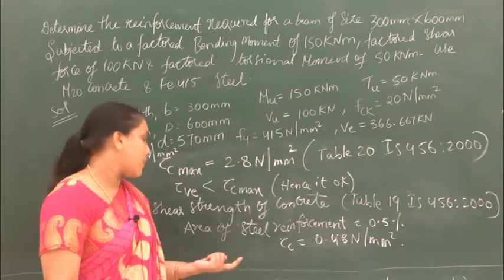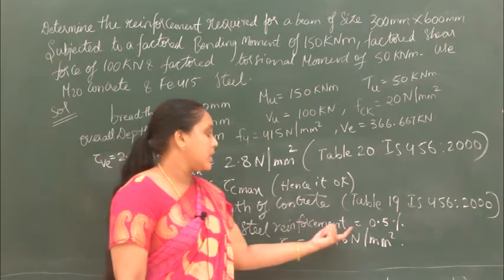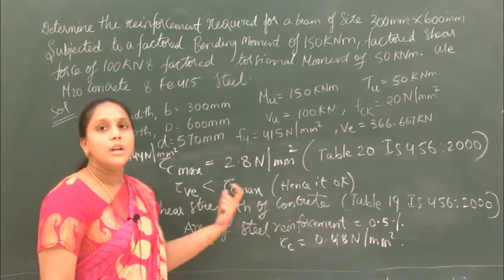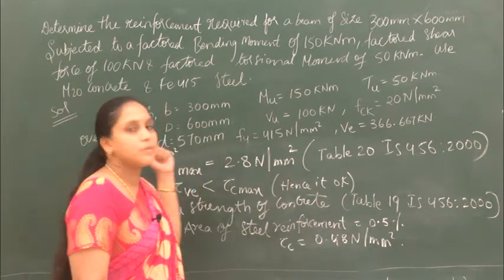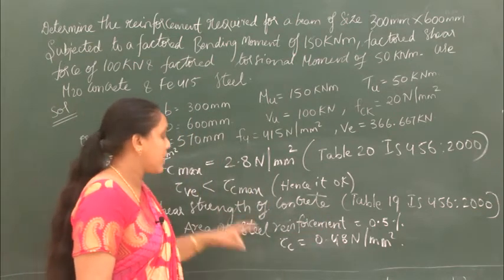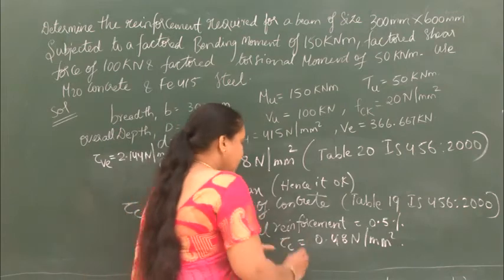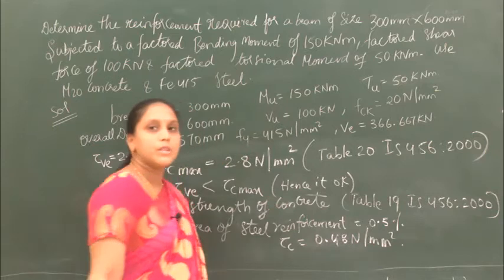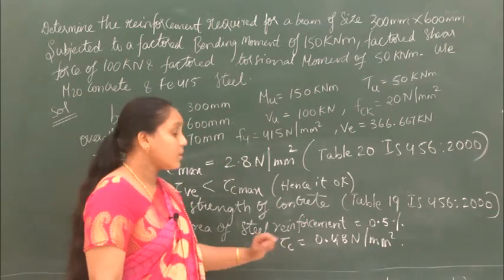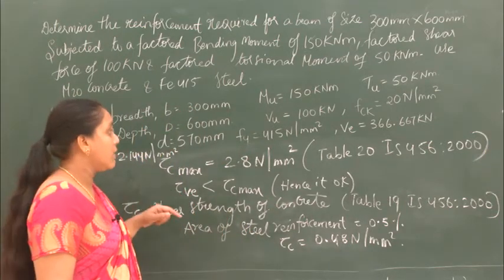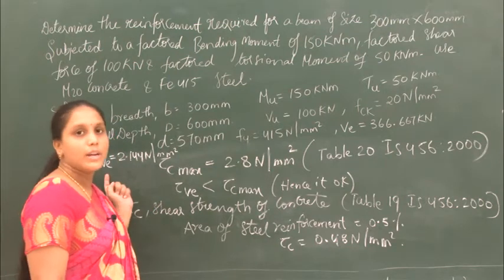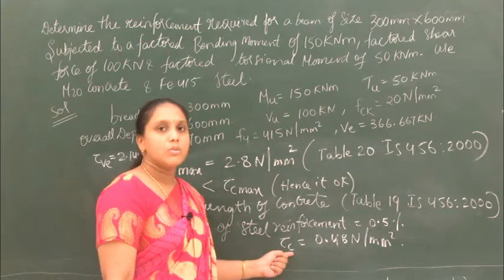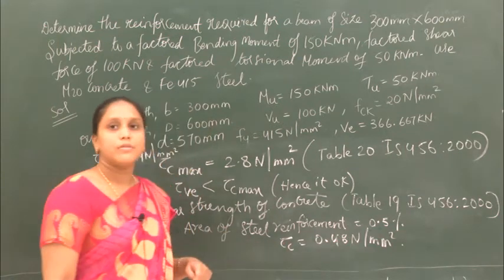Here I have provided the percentage area of steel reinforcement as 0.5%, and for M20, I have taken the tau C value as 0.48 Newton per mm square from this table. Now I have got all the values. I know the equivalent shear stress, tau E, and the value of tau C, the shear strength of the concrete.